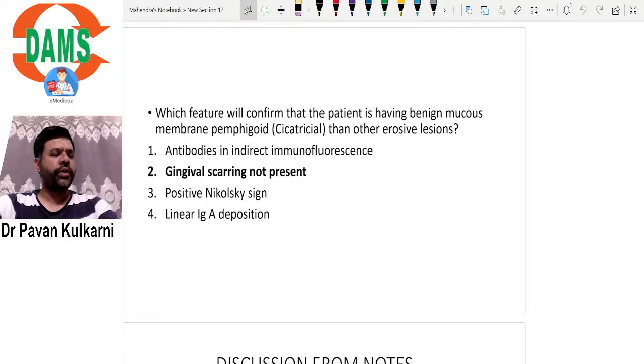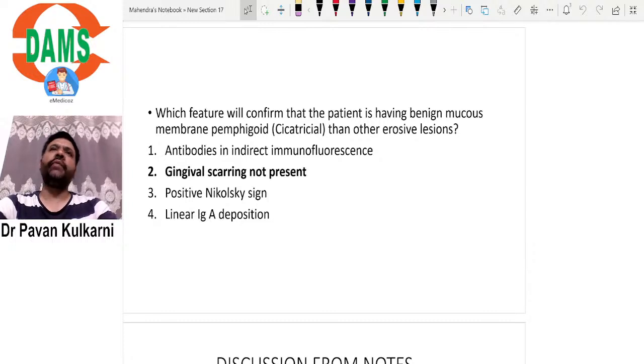There was one more question: which of the following will confirm the patient is having benign mucous membrane pemphigoid or cicatricial pemphigoid rather than other erosive lesions? See, the name itself will suggest, as discussed, cicatricial means scarring. Any blister that occurs in this pemphigoid will heal with scar. That is a basic point.